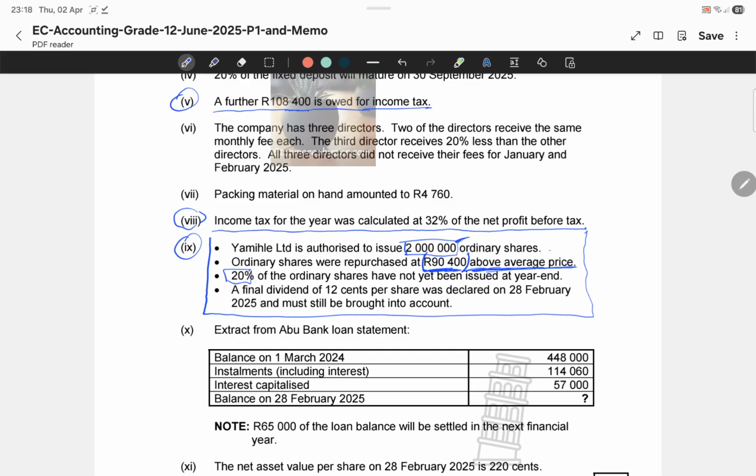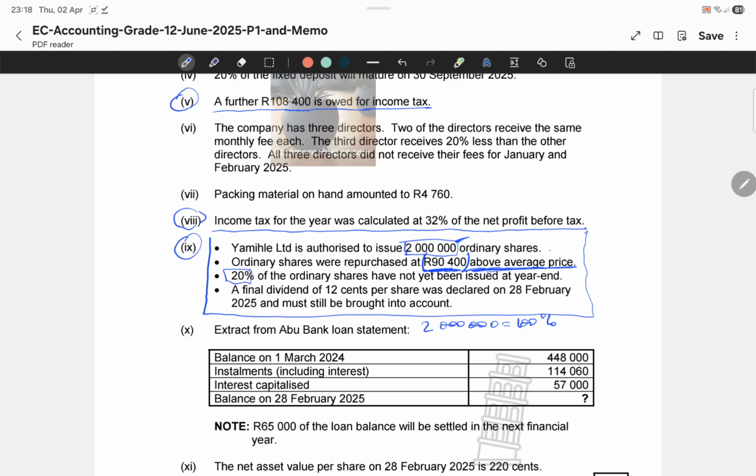Because this 2 million is 100%. The information says 20% of these shares were not issued at the end of the year, which means only 80% were issued.